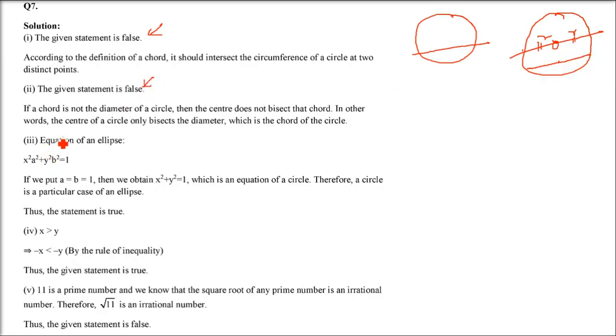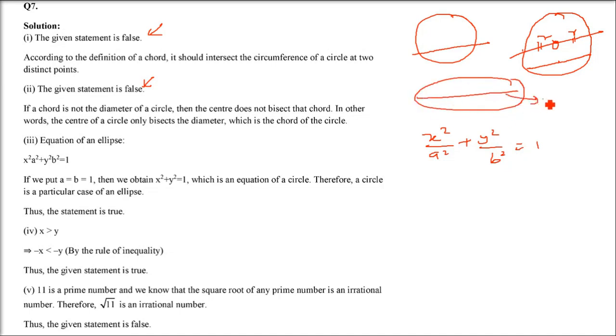The third is, circle is a particular case of an ellipse. Now this is absolutely true. How? Let me write the equation of the ellipse. It's x square by a square plus y square by b square equals 1. We have the major axis and the minor axis, or you can say semi-major is A and semi-minor is B. When A and B are equal, it will be a circle, that is the radius.